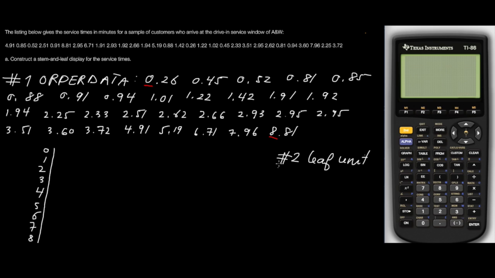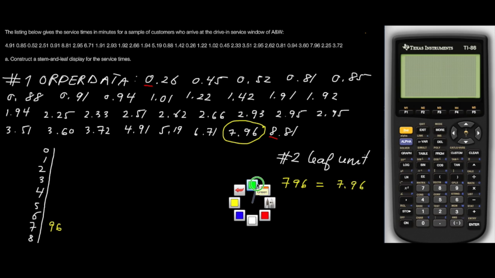So how do we determine the leaf unit? It's very simple. Let's say we take this data point right here, 7.96. If I know that I have 7 on the left-hand side of my stem, and on the right-hand side, the leaf would be 96. What do I have to multiply 796 by to obtain 7.96?